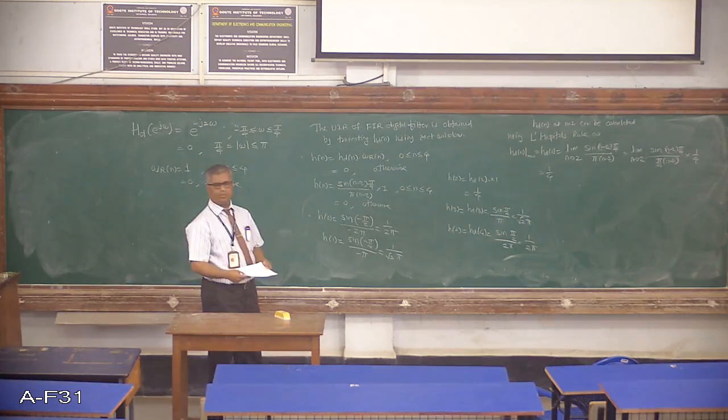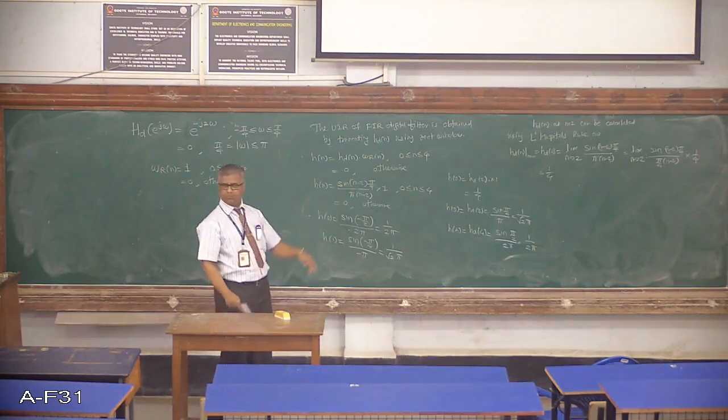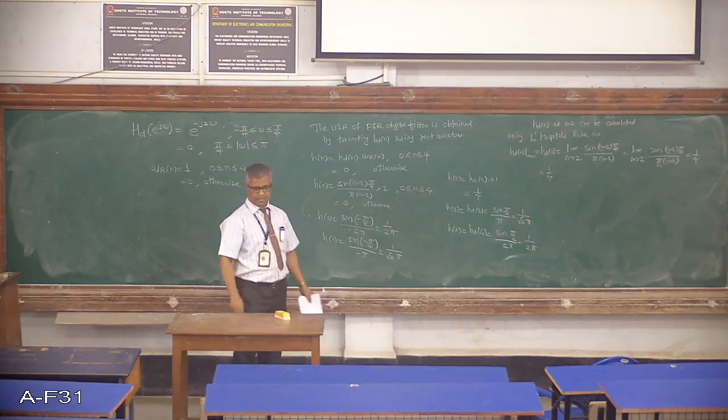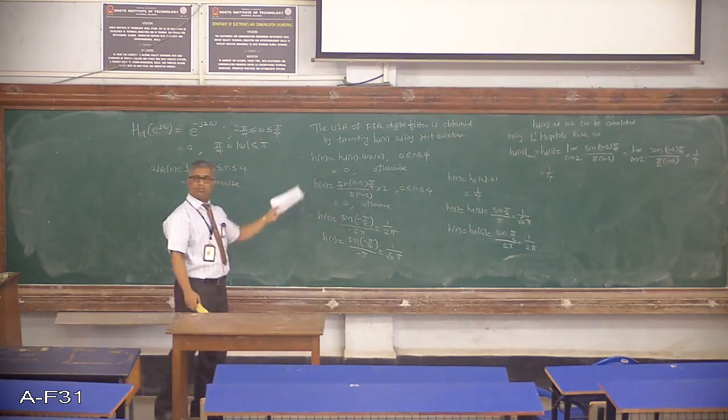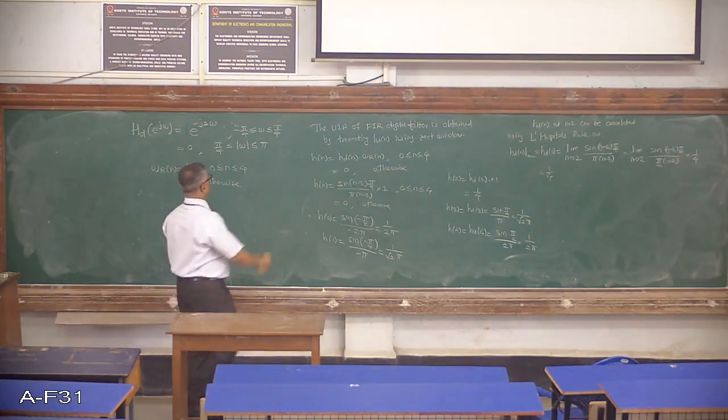That's all. We have computed all filter coefficients, h of 0, h of 1, h of 2, h of 3, h of 4. Once we compute all filter coefficients, the major task is over. Now we have to take the z transform of this h of n to obtain h of z. That is the last step.